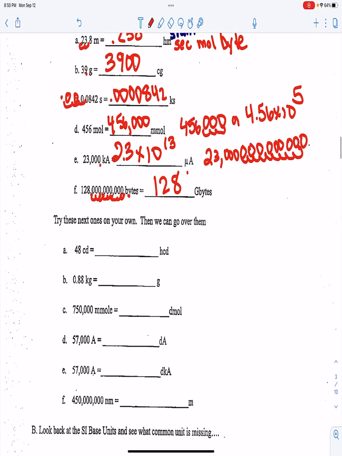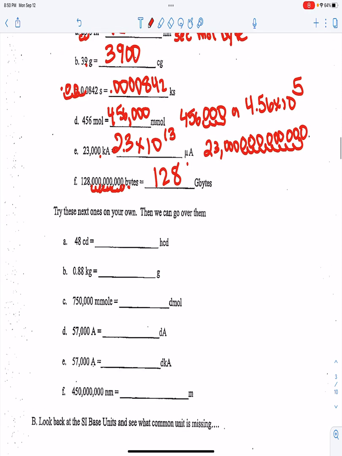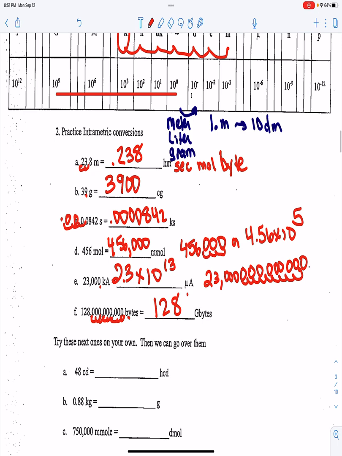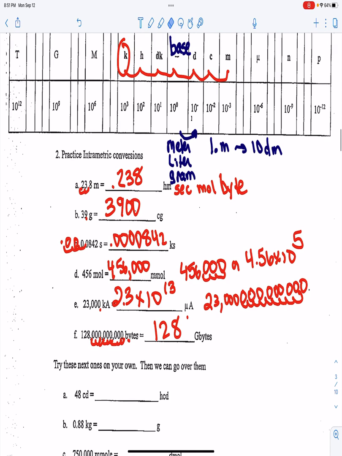Okay. So let's do a couple more of these. 48 CD. A C is a centi. No, that's the base. That's a candela. So CD is a candela, and you're going to a hectocandela. So if I have 48 CD, my decimal's here, and I'm going to do to a hecta.